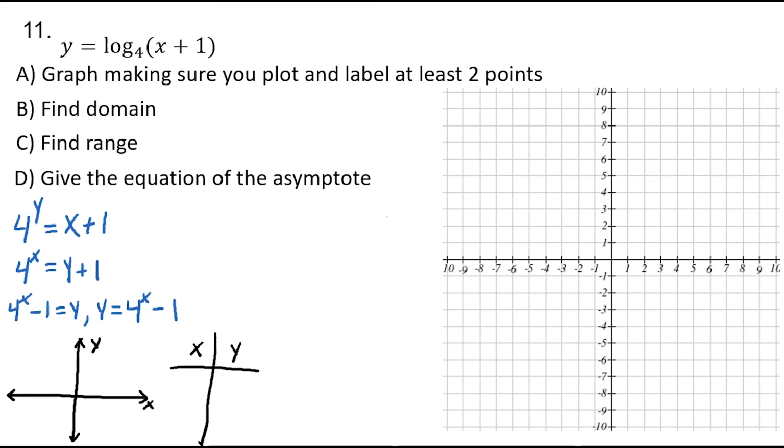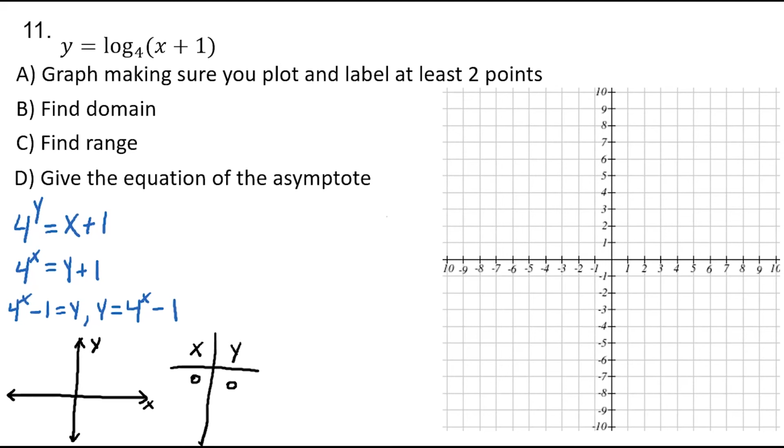So let's start with, let's say 0. If I plug 0 into my equation here, 4 raised to the 0, anything raised to 0 is 1. 1 minus 1 will give me a y value of 0.